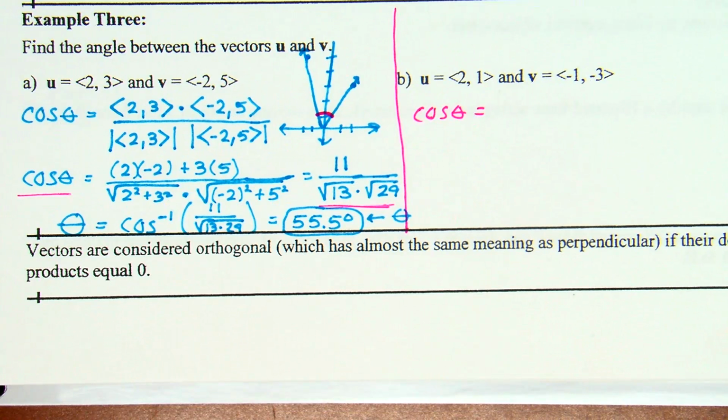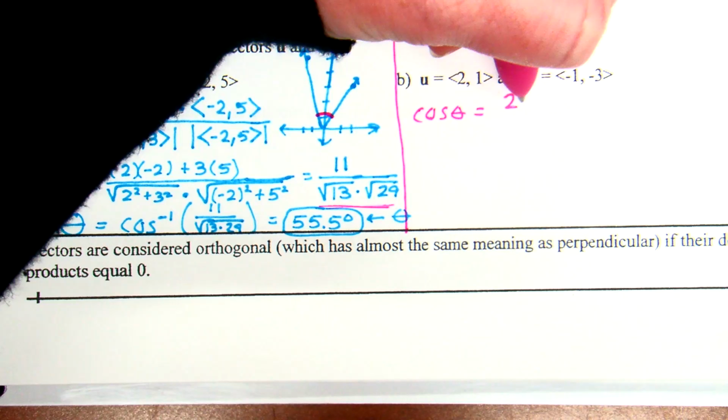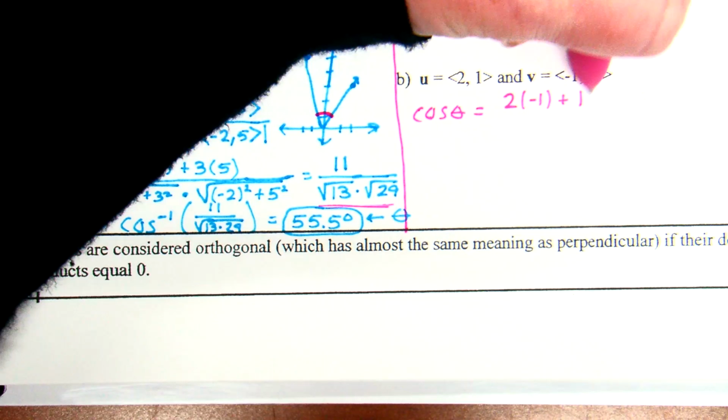What'd you say? 2 times negative 1 plus 1 times negative 3. And that's all under a square root, right? Or, no, sorry. Dot product. Nope. You're good. You're right. I'm wrong. Okay. 2 times negative 1 plus 1 times negative 3.